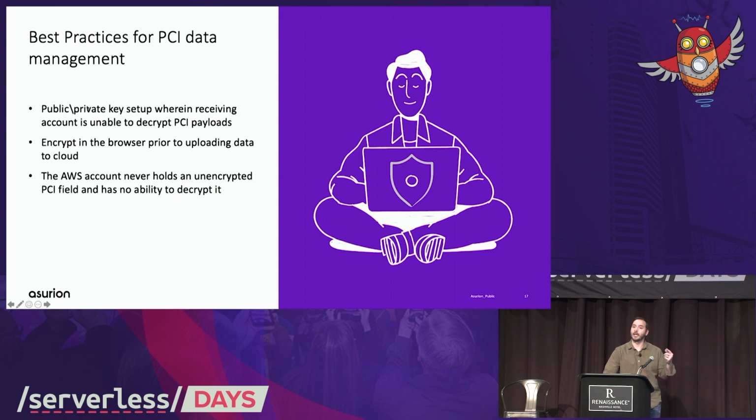And then once the AWS account receives the encrypted fields, it not only doesn't store the key to decrypt that data, but it also has no access to do it whatsoever. So this account cannot decrypt any PCI data, which means that should you be able to compromise our account, you're still not going to see a single credit card. Simple enough, right? It's just used for storage.